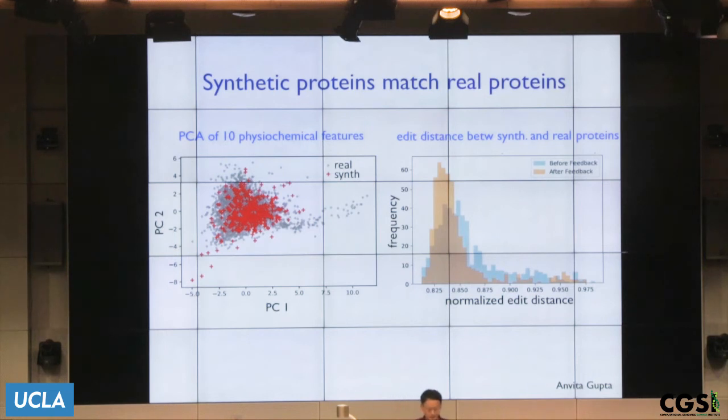At least by these simple metrics, they also have reasonable properties. And the nice thing is that if you compute the edit distance between the generated proteins and any of the previously observed proteins, they're actually quite far apart. So they're not just memorizing and generating existing proteins.